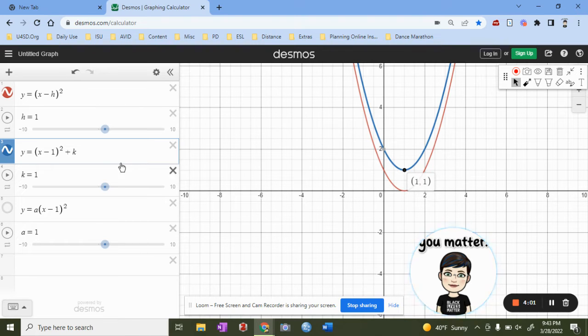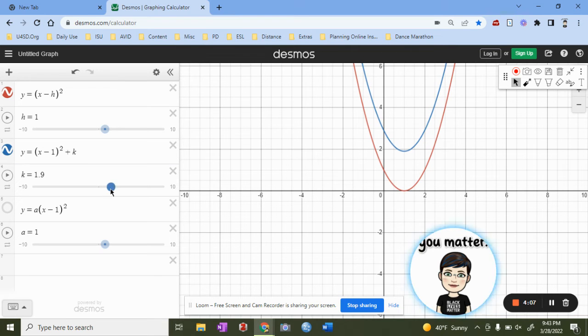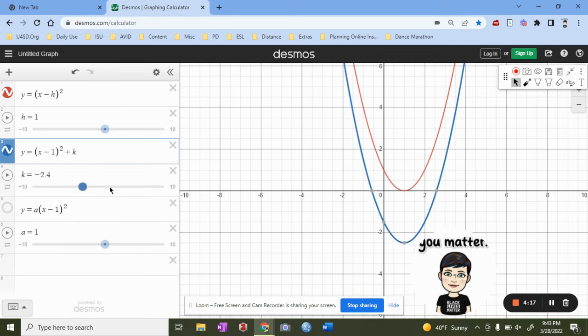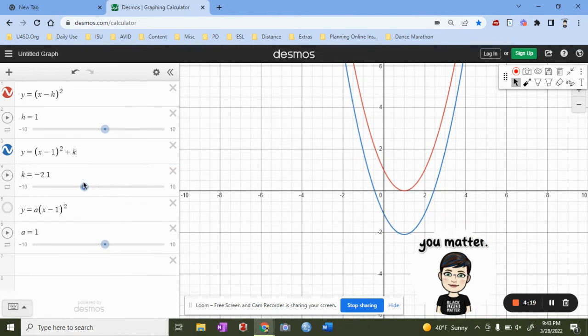So it's at my h value, k value. Okay, what happens if we continue to change that? What happens if we make this 2? Do you see what happened to that blue graph? Well, now my vertex is at 1, 2. What if we make it negative 2? Where is it now? Well, now my vertex is down here at 1, negative 2.